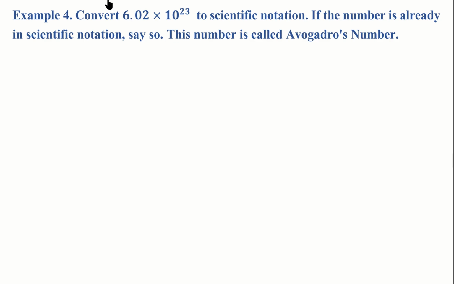All right. Remember our friend Avogadro's number? We're going to take Avogadro's number and write it in scientific notation. I hope you're thinking, wait, what are you talking about? It is in scientific notation. Well, you would be exactly right. That was the whole point of this problem.